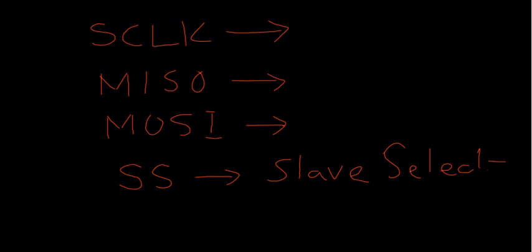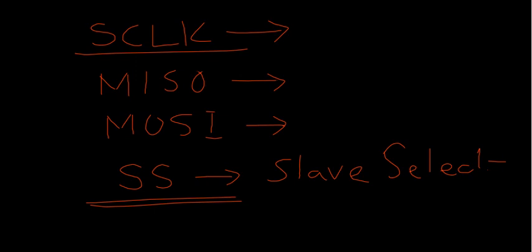These are the four type of operation depending upon whether the communication is being established from the master to slave or slave to master, along with the generation of the clock and also the selection of the slave. These are the four possible types of the communications that take place in the serial peripheral interface. So this is also very similar to what we have seen in the case of UART or USART.